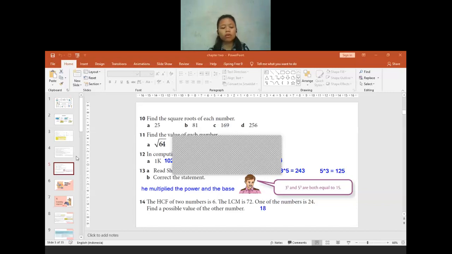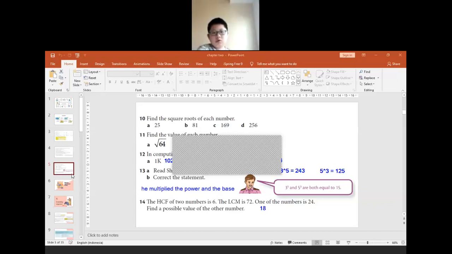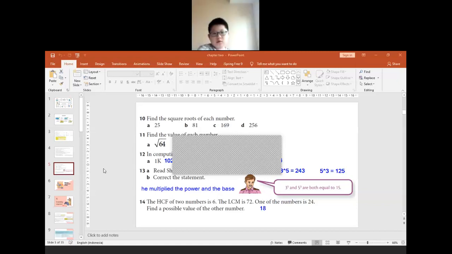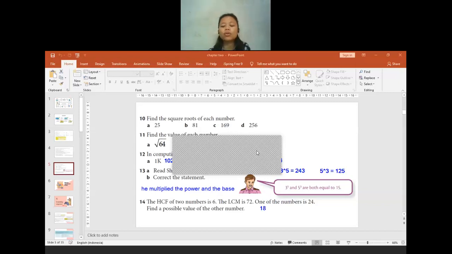Yeah. The question says correct the statement, sir. For number 13, we need to correct the statement. So that's why I already made it. The statement is 3 to the power of 5 has to be 243, and 5 to the power of 3 we have to make it 125.